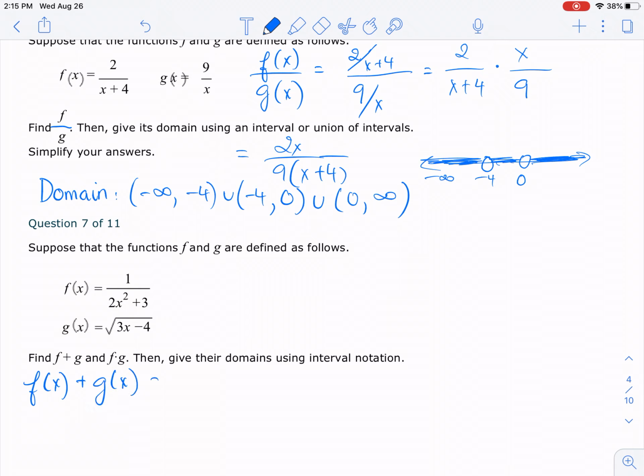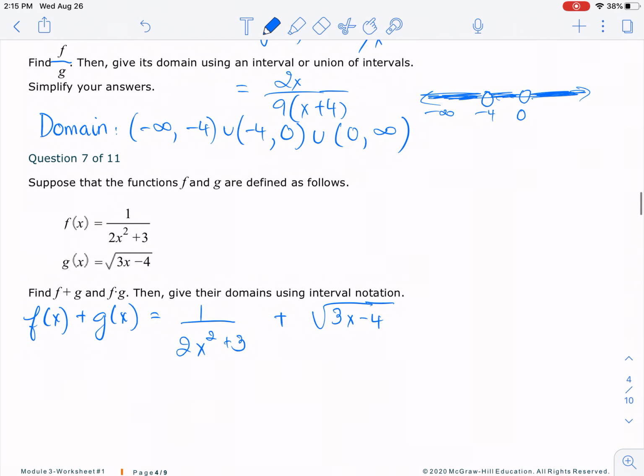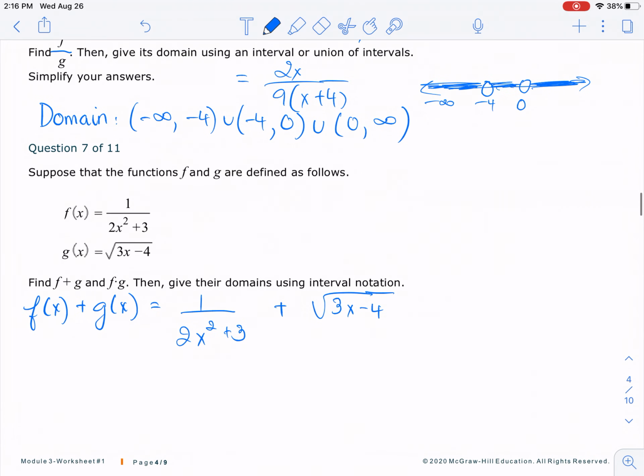g of x. Okay, so clearly we can't really simplify. So when you can't simplify, you're just gonna keep it that way. All right, now for this particular function right here, you do not want 0 on the bottom, right?